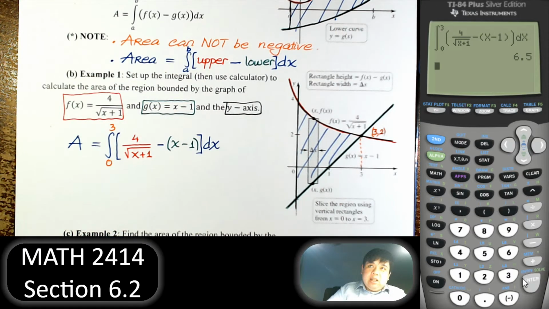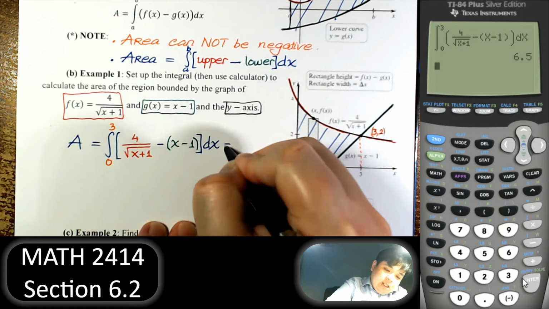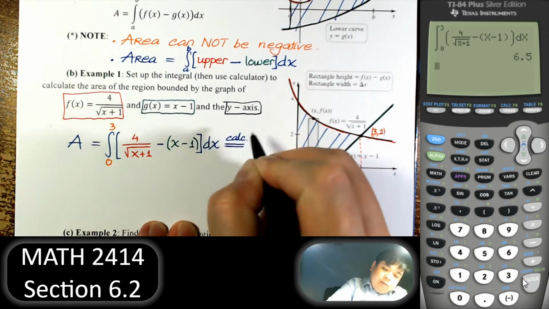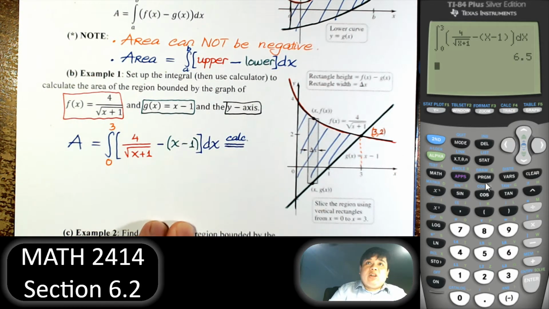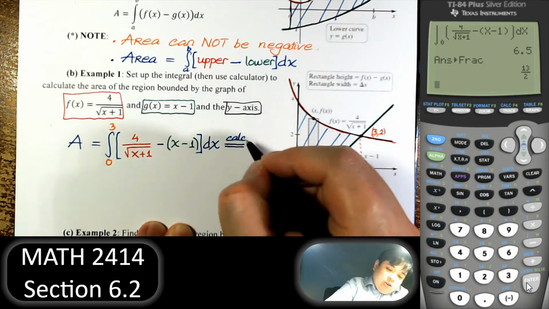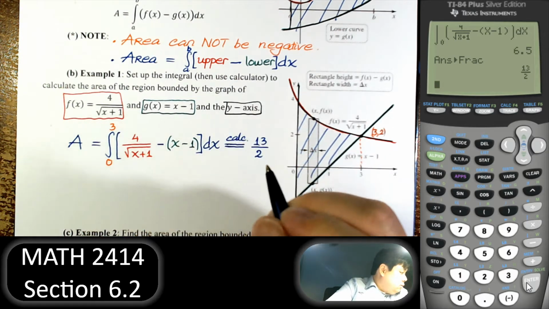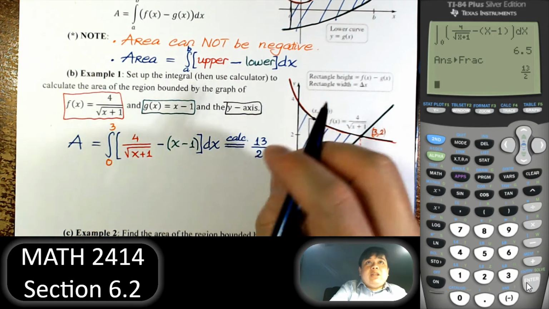And we have 6.5. If we change to a fraction, math to fraction, that is 13 over 2. Right, so that's simple enough.